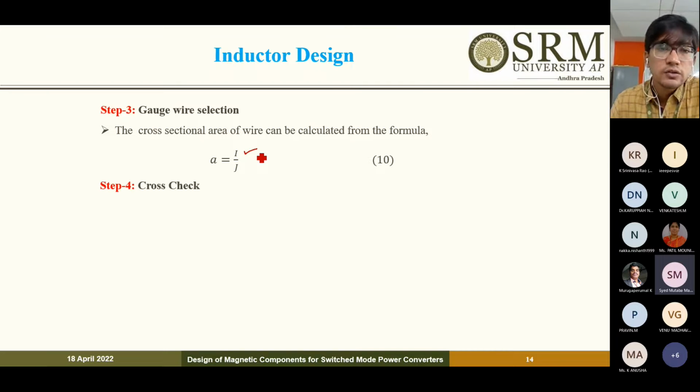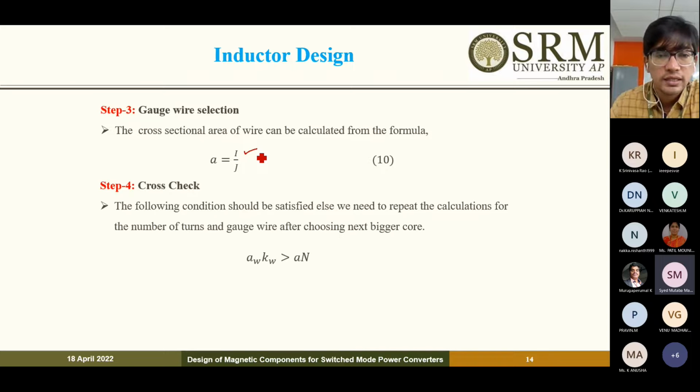Next, whatever design we have done, we need to cross check whether it is correct or not, using the condition Aw Kw greater than A into N. Here Aw is the window area, Kw is the window utilization factor, A is the cross-sectional area, and N is the number of turns. All these we have calculated.